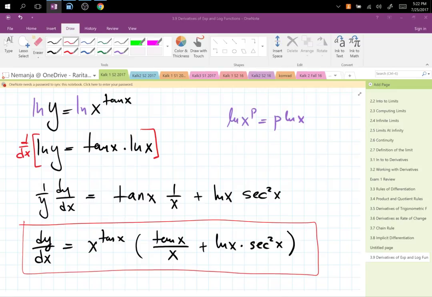Let's do one of these that will be an easier example, and then one that is a spicier example.